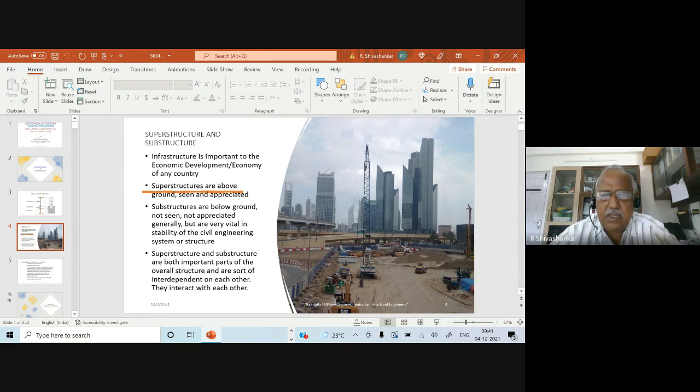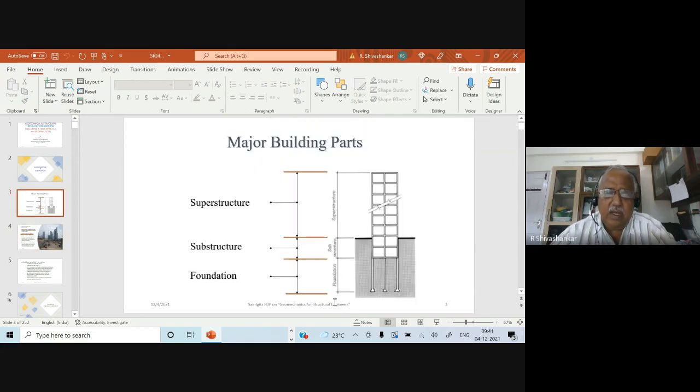As much as above the ground, the substructure is typically same depth into the ground, right? Approximately, though not exactly. As I said, these are buried structures and not appreciated. They're the same integral part, but you can say they are sort of interdependent and they interact with each other.